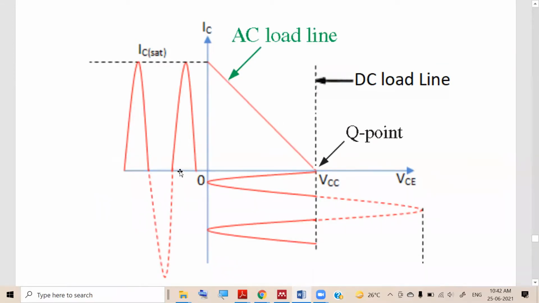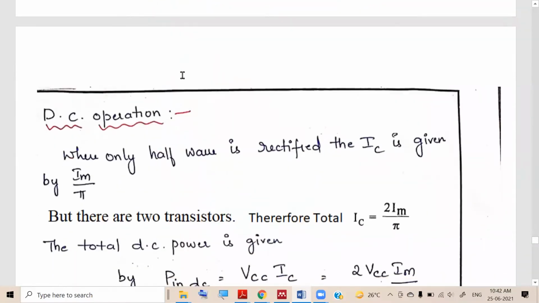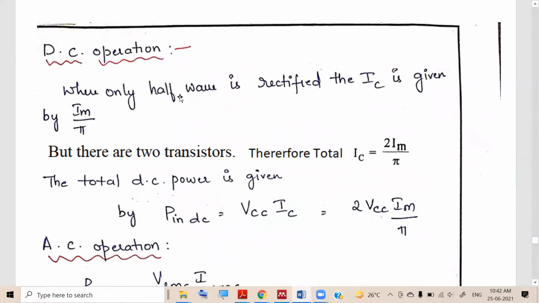Im is the height of one half cycle. So the average value of a half wave rectified signal with the height of one half cycle Im is Im by pi.